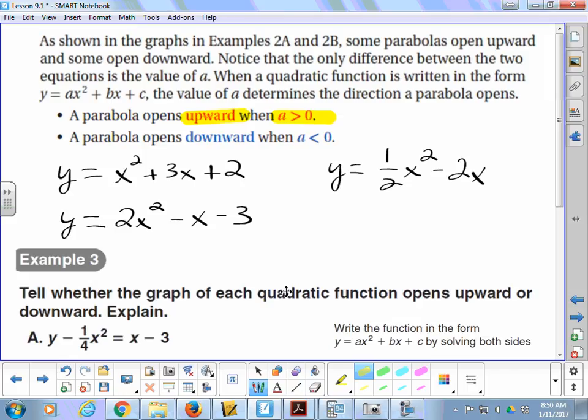What does it mean to be greater than 0? Okay, positive. Here's my crazy way of thinking about it. When you're feeling positive, what do you do? You smile. And when you're feeling negative, what do you do?